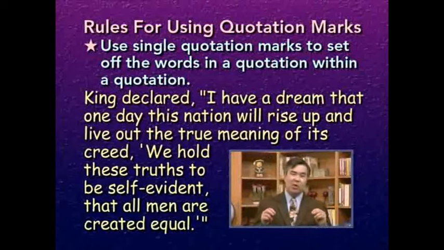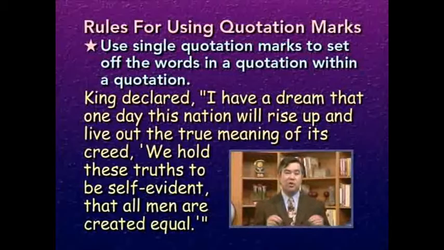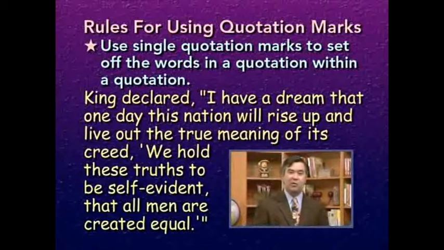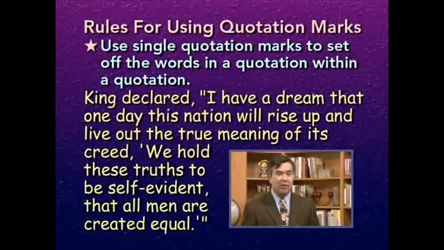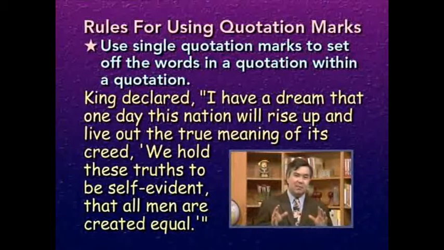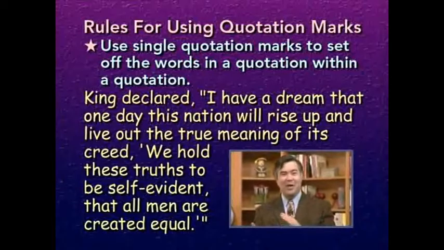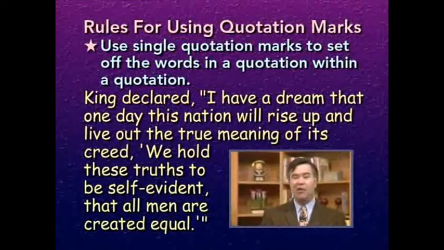In this particular quotation, Martin Luther King was quoting from the Declaration of Independence. The words from the Declaration of Independence that Martin Luther King was quoting were, "We hold these truths to be self-evident, that all men are created equal." So this particular sentence is quoting Martin Luther King, who in turn was quoting another literary work.